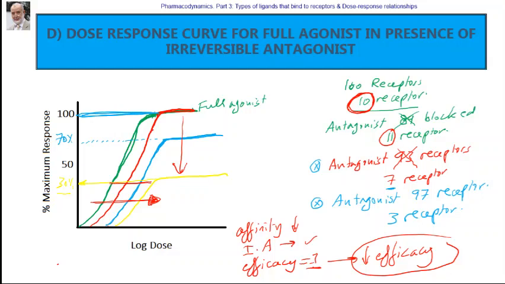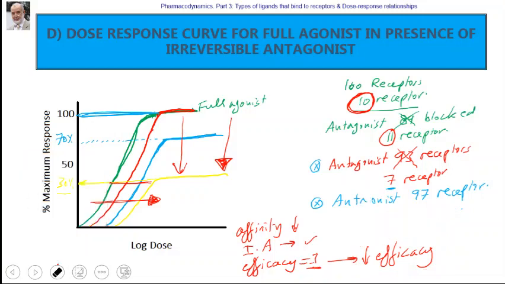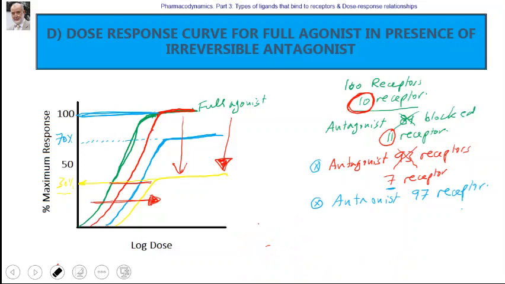Therefore, the most important effect of the reversible antagonism is that they decrease the efficacy of the agonist. As we can see, the more the decrease in the efficacy of the agonist, the more potent is the antagonist. This we should remember.